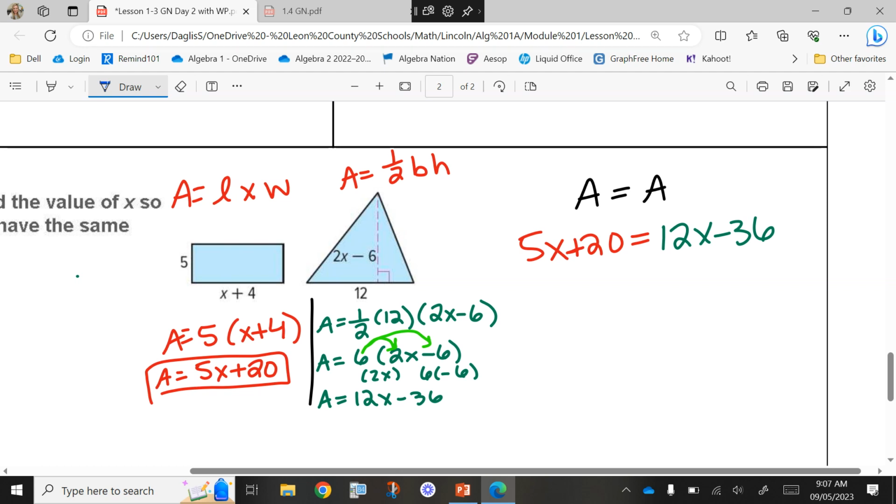So in order to make that happen, I need to know what the areas are. So I found the area of my rectangle, which is length times width. And separately, I found the area of the triangle, which is 1/2 times the base times the height. Once you've found the individual areas, now it wants them to be the same area. So now we're making them equal to each other.